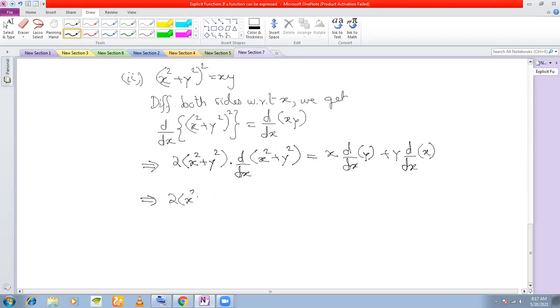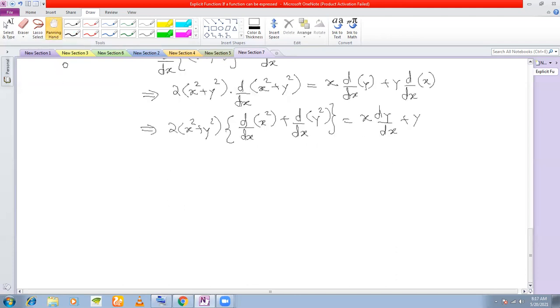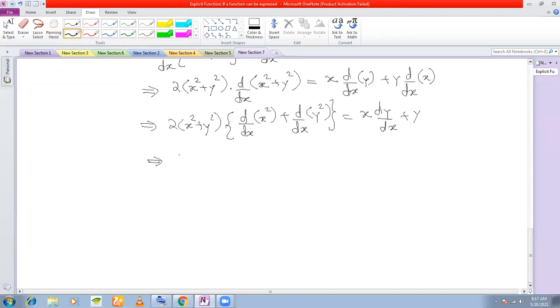Next step, twice x square plus y square into, now ddx of x square is how much? Let's distribute this over all this. This is x dy dx plus y. And ddx x square is 2x.